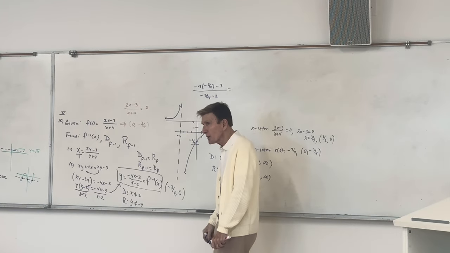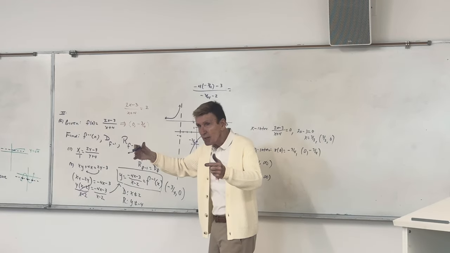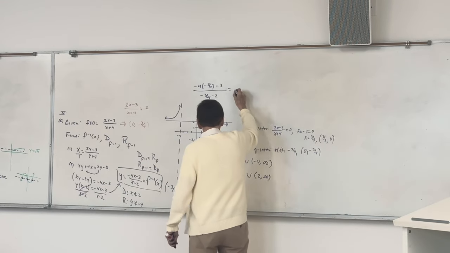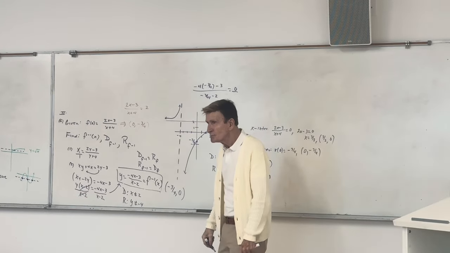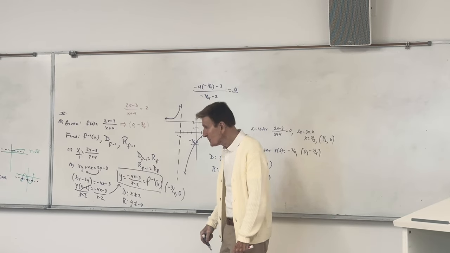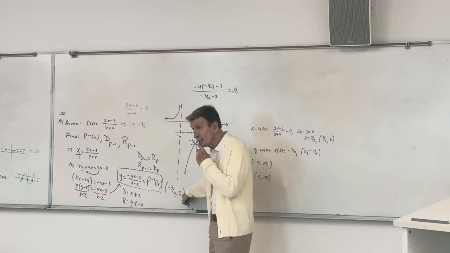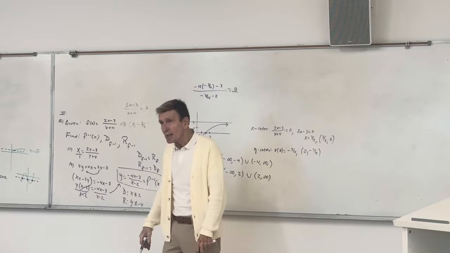Is that +3 out front? And then 3 subtract 3 on top gives you what? 0. I don't care what this is down here, the answer's going to be 0. Yes or no? So is that what I wanted? Did it check?